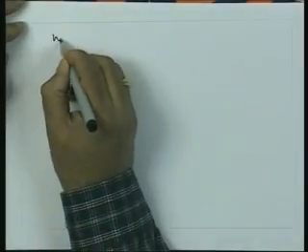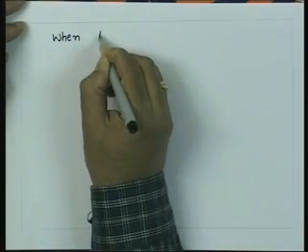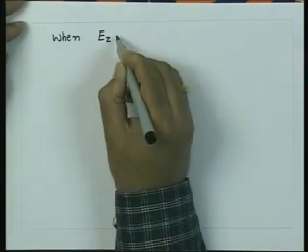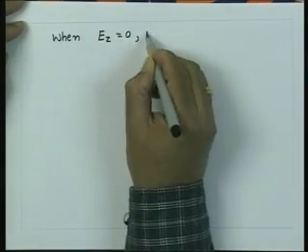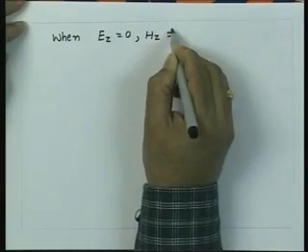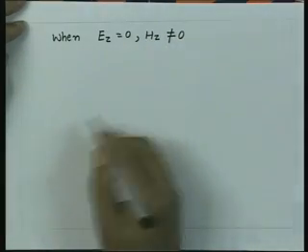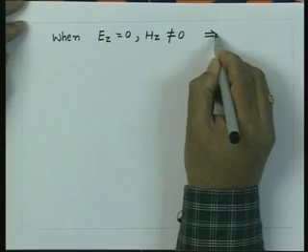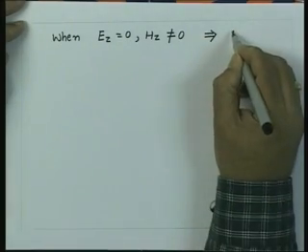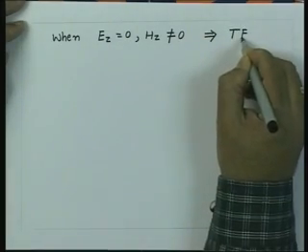So from the general analysis we say when Ez is equal to 0 and Hz is not equal to 0, we get a configuration for the fields which is nothing but the transverse electric configuration.